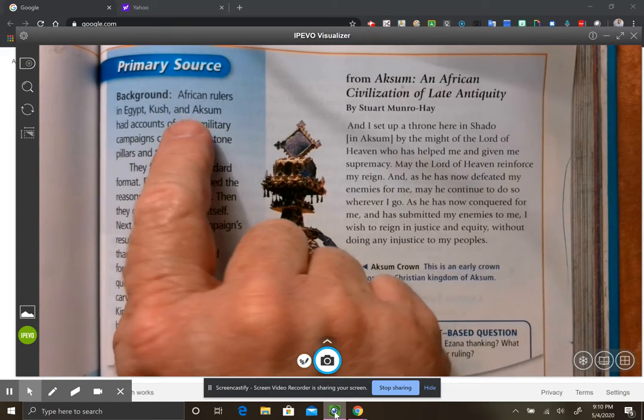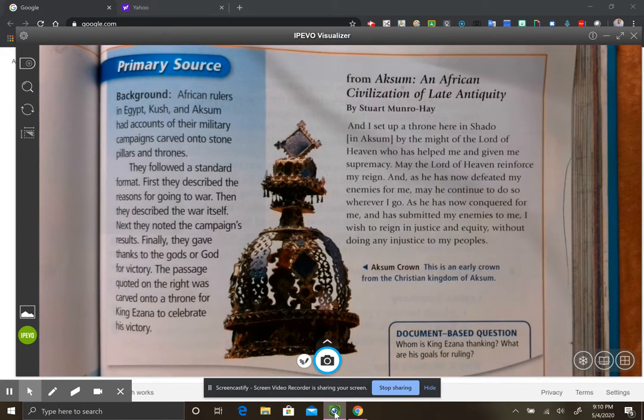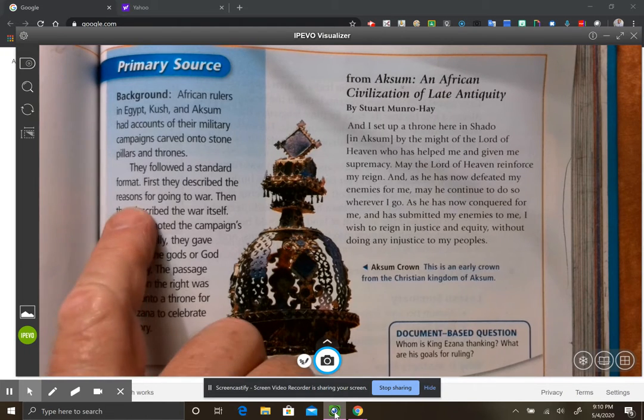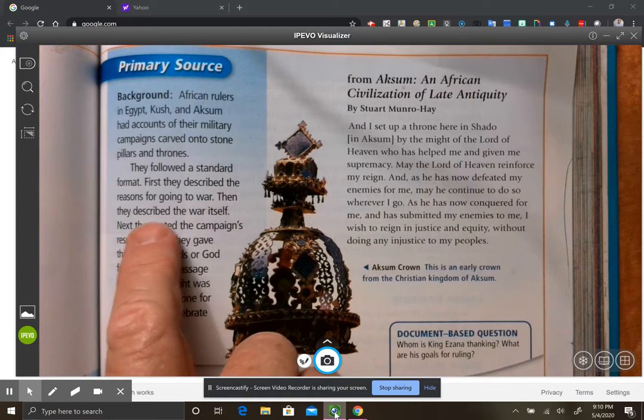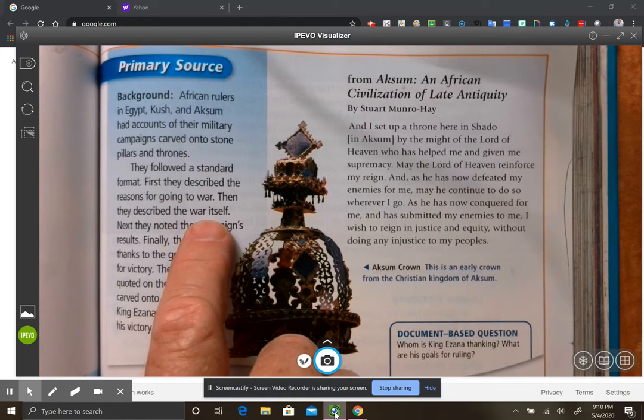Okay, so, primary source, background. Let's look at the background. It says African rulers in Egypt and Kush and Aksum had accounts of their military campaigns carved onto stone pillars and thrones. They followed a standard format. First, they described the reasons for going to war. Then, they described the war itself.